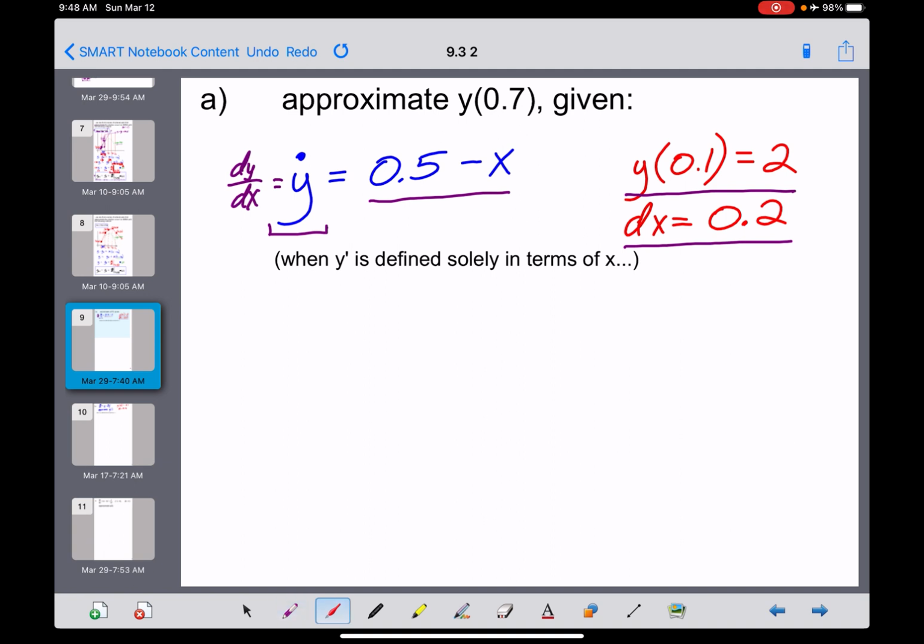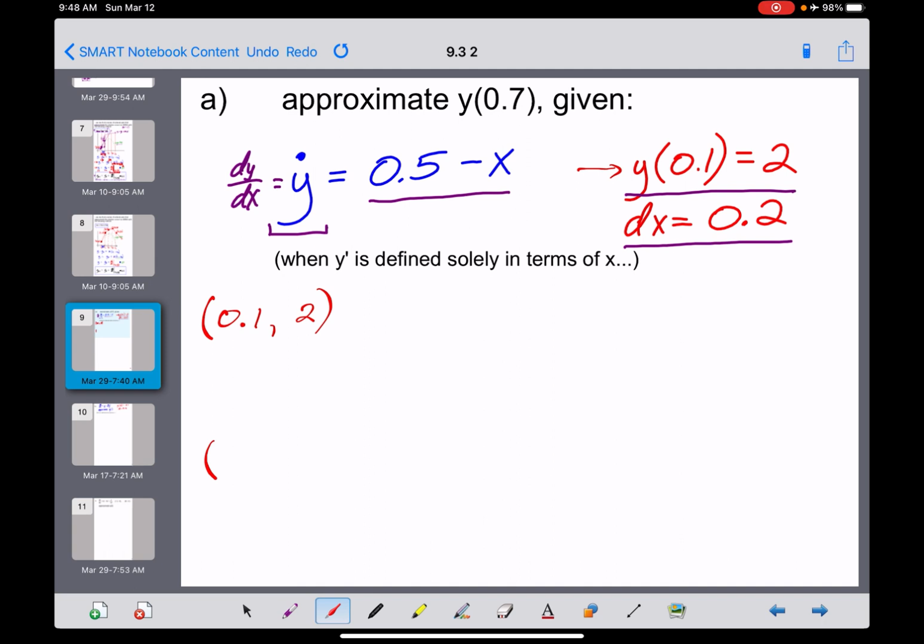So what I'd kind of like to do is start writing some things out. The initial ordered pair that we have here was given to us by the initial condition, 0.1 comma 2. So yay, we know where we're starting. Now the next issue here, guys, is going to be to come up with the second ordered pair. And I already can figure out very easily what this x coordinate is going to be.